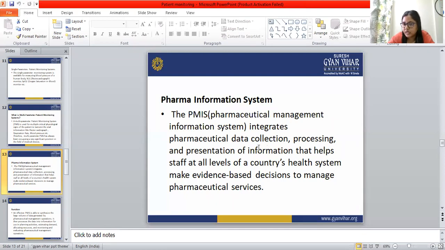So computer is useful in the pharmaceutical field to collect the data, process the collected data, and present information that helps the staff at all levels of the country's health system. So this is the use of the computerized pharma information system.